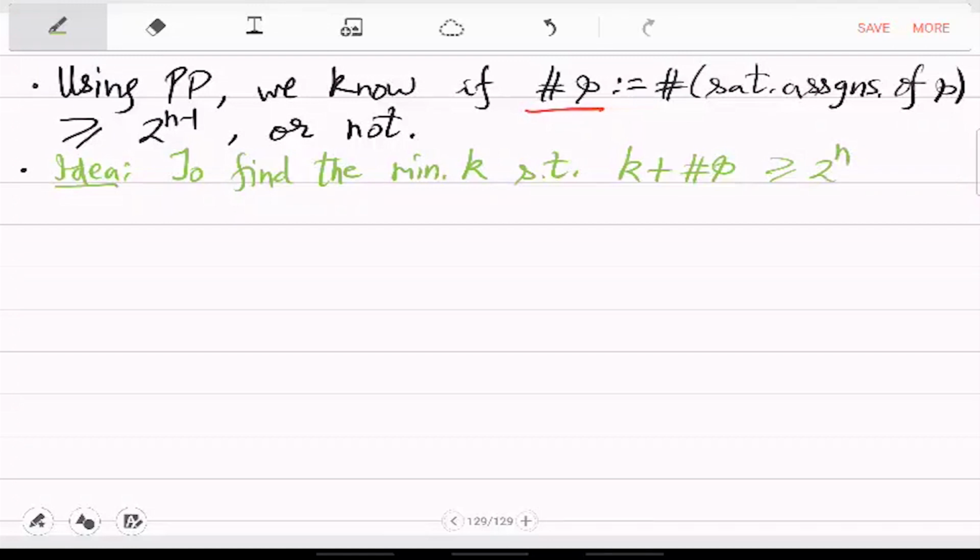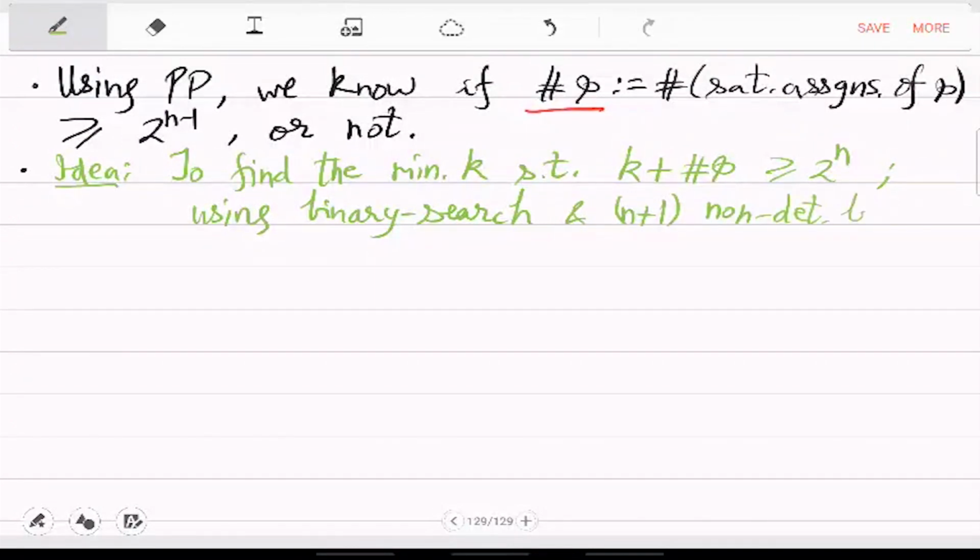So greater than or equal to, but since we are saying minimum k, it's actually an equality, using binary search and n plus 1 non-deterministic bits.